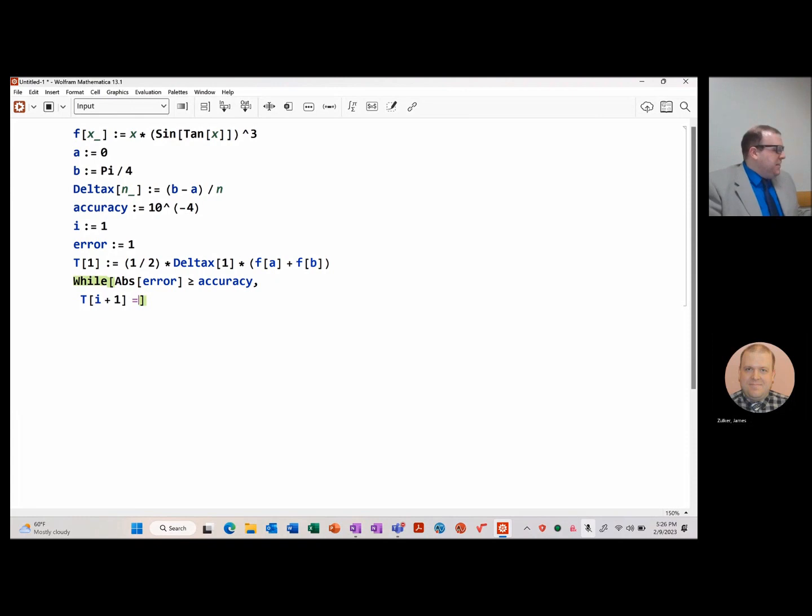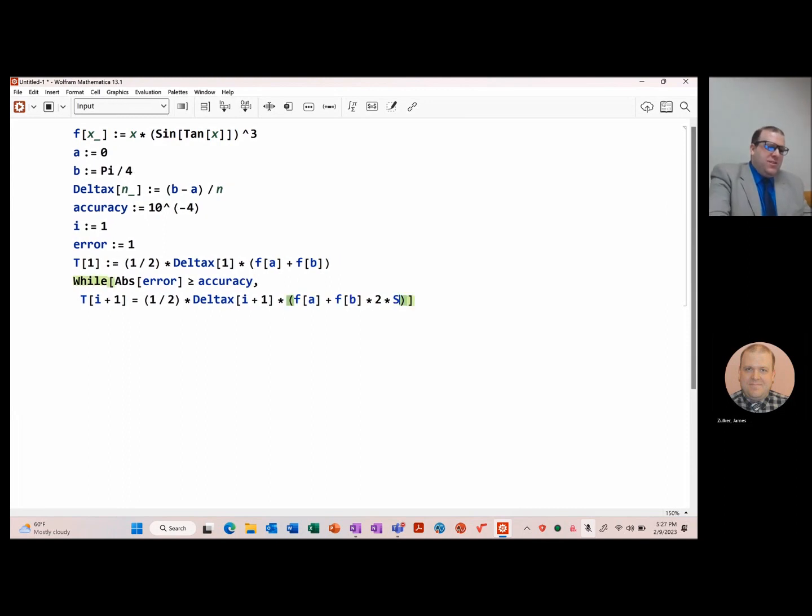So I'm going to say T of i plus 1 is equal to 1/2 delta x of i plus 1 times f of a plus f of b, right? So that takes care of the two end terms. Now we just need the middle terms.